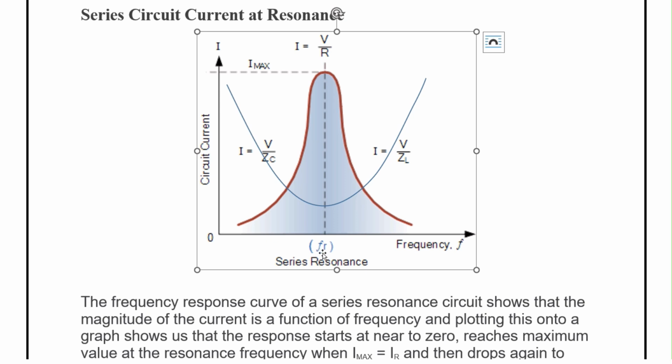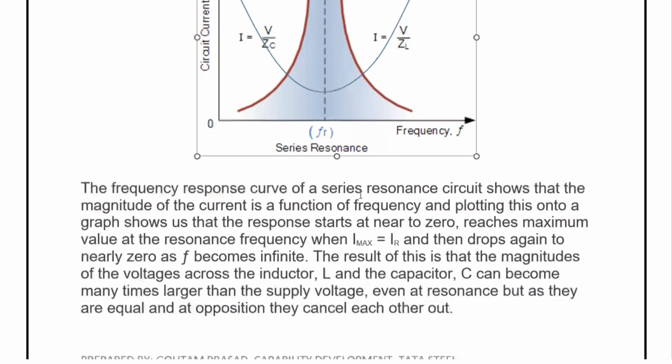If you increase the frequency further after the resonant frequency, the circuit current will drastically go down. All right, so this is the behavior of the circuit current in the RLC series circuit, together with which we have the plot of reactance in this circuit, which is a bar curve type that we had seen earlier.